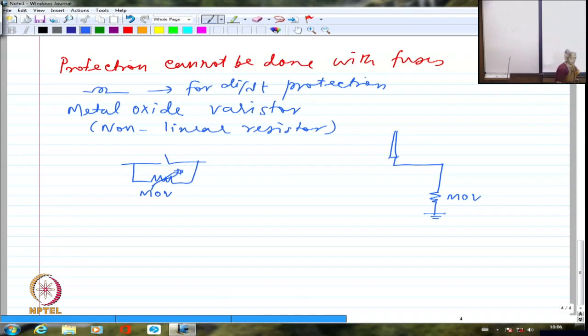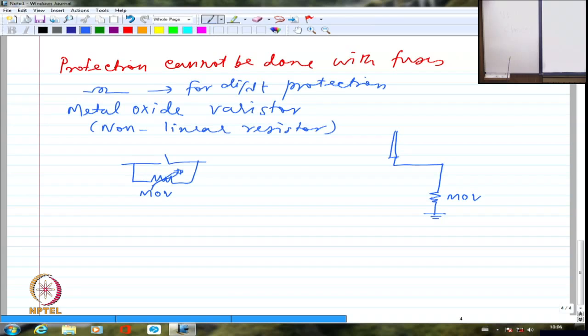As long as no lightning strikes, this circuit is inactive. There is no problem. But if lightning or a charged cloud comes, this is going to attract it. It is like a corona discharge. In the sharp tip, the opposite charge is induced, so it is going to take away the entire charge through that.